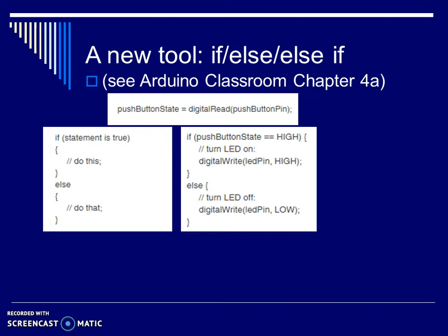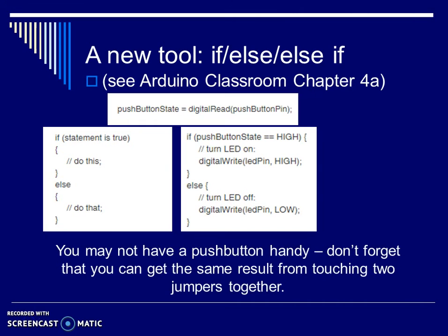And when you think about it, it's a much more interesting logic, because really the other logic could be achieved through a simple switch. Now, if you don't have a push button handy, no big deal. You can get the same result as a push button by just touching two leads together, two jumpers together. And the Arduino will see that as a switch.